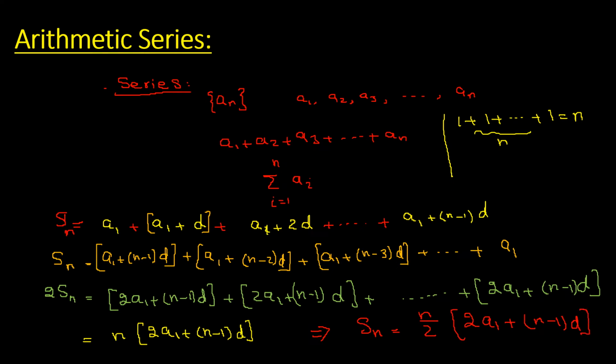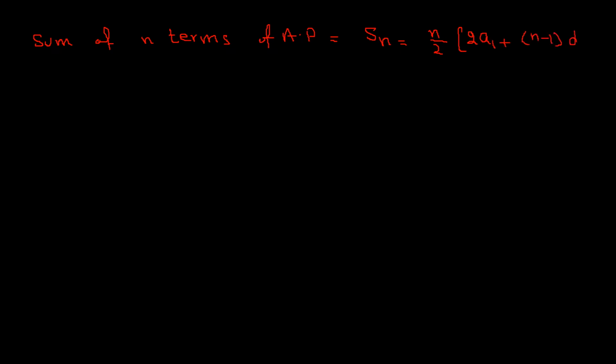Okay, so we have seen that the sum of n terms of an AP, which is known as the arithmetic series and denoted by Sn, equals n by 2 into 2a1 plus n minus 1 into d.